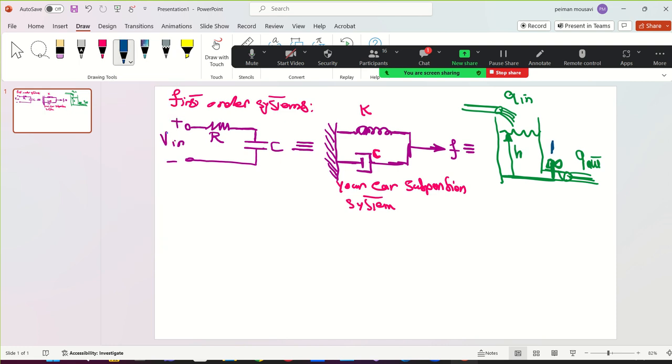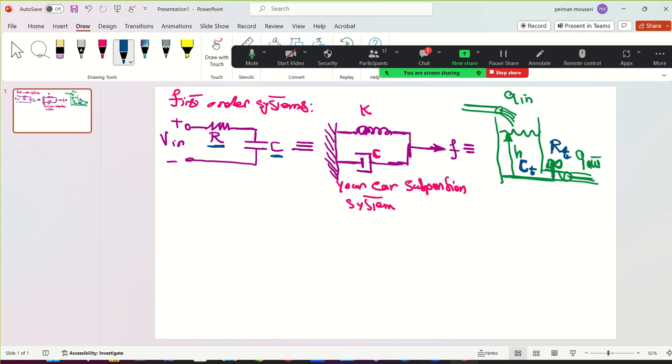I say R of tank. The valve is a resistance, like this resistance. And your tank has a capacity, like 2 gallons, 3 gallons. I'm saying CT, like this capacitance here, C. These are dynamically the same system.